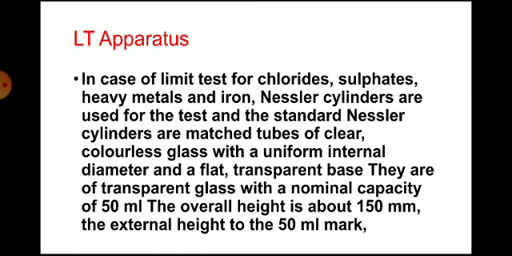In the limit test apparatus, as we see, the apparatus is called a Nessler cylinder with a nominal capacity of 50 ml. Total height is 150 millimeter along with the external height up to the 50 ml mark.